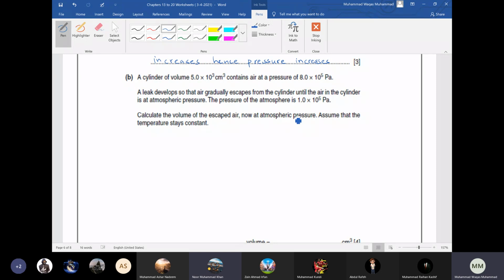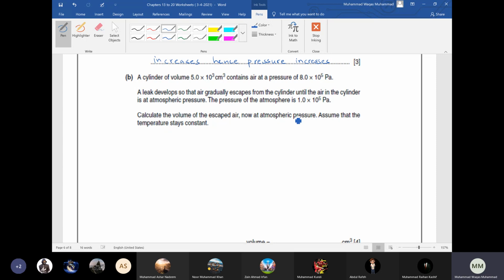But actually beta, a few things are conceptual. Look, cylinder of a volume. You are given basically the volume of the cylinder, right? A cylinder of volume 5.0 times 10 to the power 3 cubic centimeter means we are given the volume of the cylinder, right?